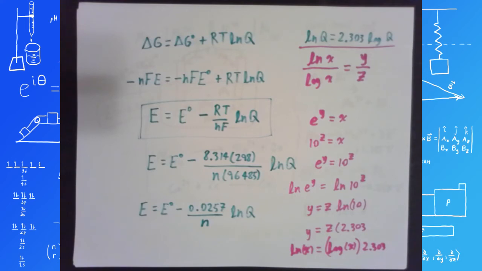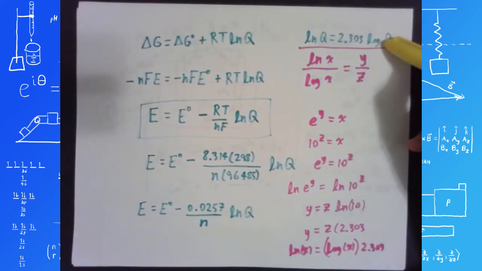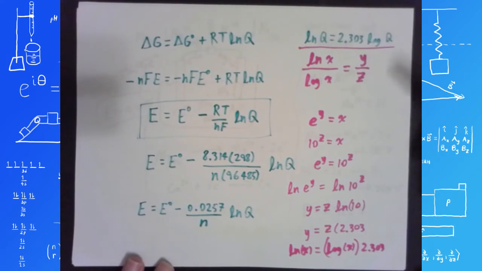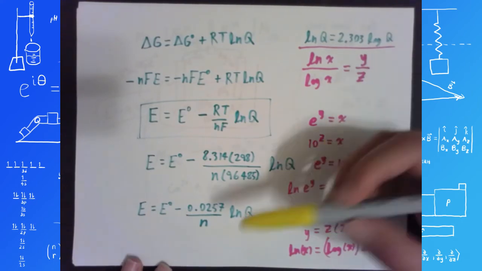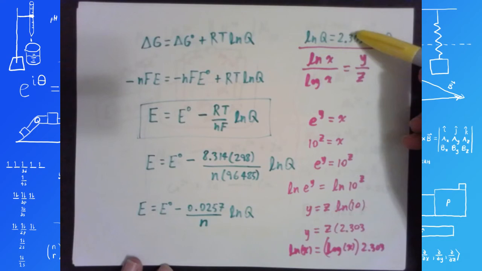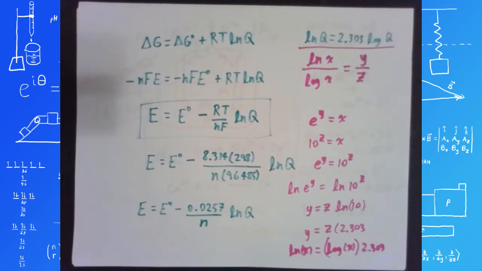Anyway, if you replace the natural log with just an ordinary log base 10, then you can do that in exchange for multiplying by 2.303.